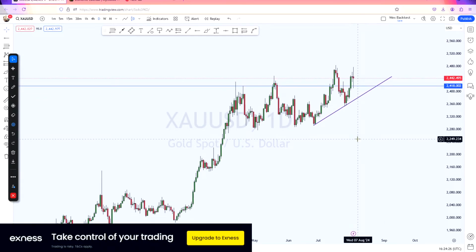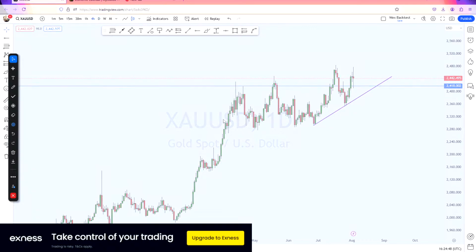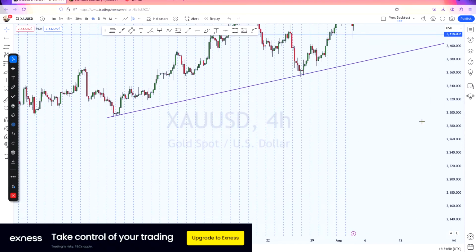Since we have established that there's a possibility that price would be going lower on the index, if we are using correlation, it means that we should be expecting bulls on gold this coming week. So this gives us an idea of the bullish direction. Let's step down to the H4. So this is how the H4 looks.